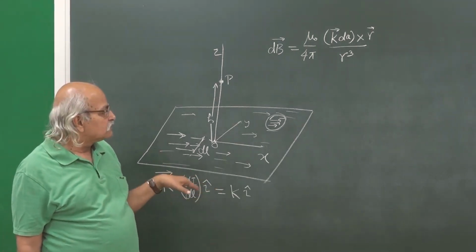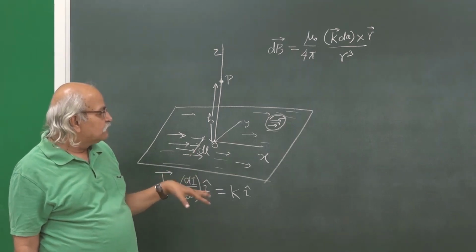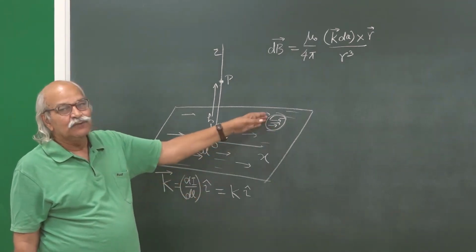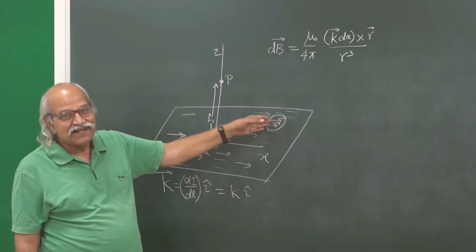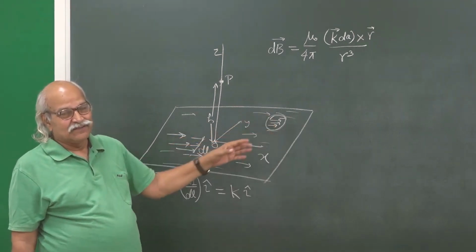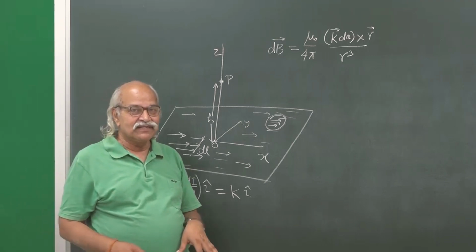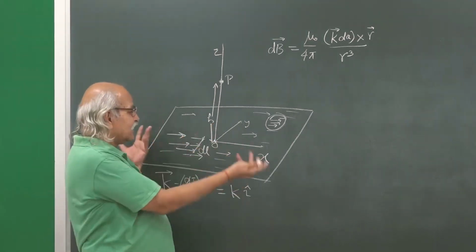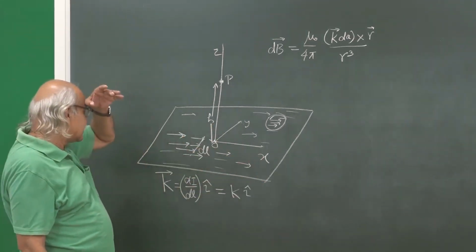Now, it will become simpler if you take the area using cylindrical polar coordinates once again. One simple thing which comes to mind is that this is very good, all x, y, z axes, current is in the x direction.